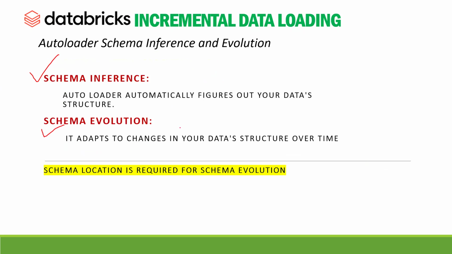But for this to happen, you should give a location where it can track the schema-related information for our data source. Schema location is required for schema evolution to work.